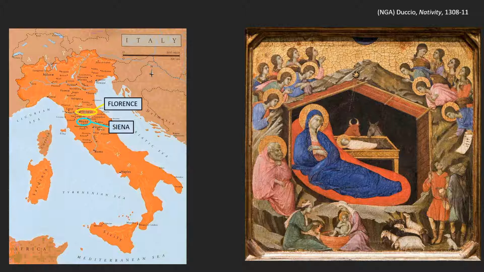That runs counter to the feudal system. And the places where we see it, in Italy in particular, are Florence and Siena, both of which have huge banking systems that spread throughout all of Europe. It is no coincidence that in these two cities we see the new art as well.